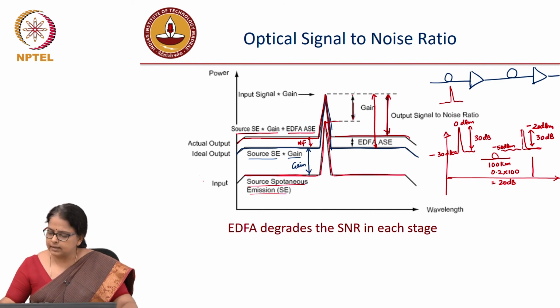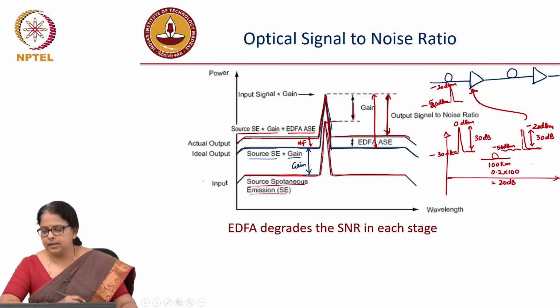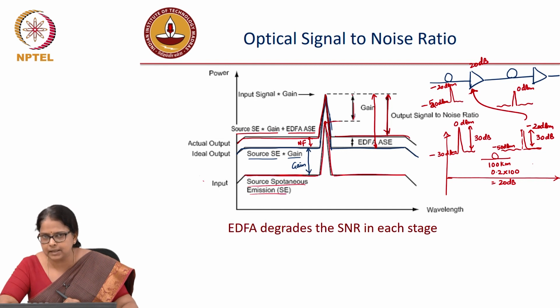Now let us say this is fed into the amplifier. So what goes into the amplifier is signal power of minus 20 dBm, noise floor of minus 50 dBm. Now let us say the amplification is 20 dB. So the signal power goes back to 0 dBm because minus 20 dBm got amplified by 20 dB. The noise floor should have been amplified to minus 50 plus 20, so minus 30 dBm.